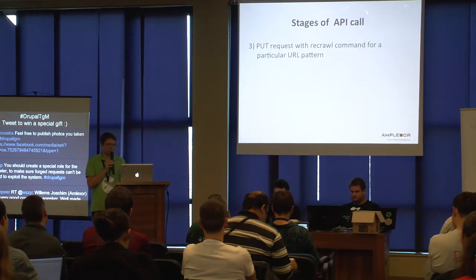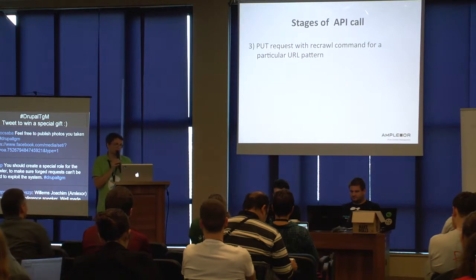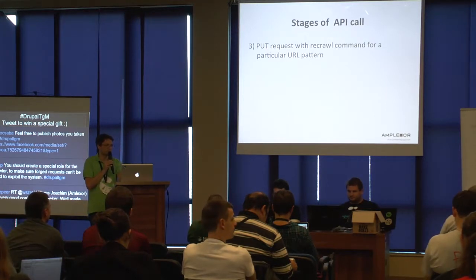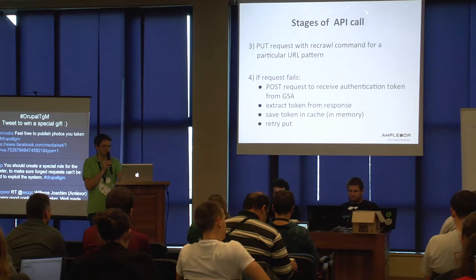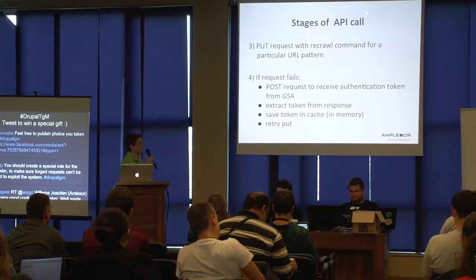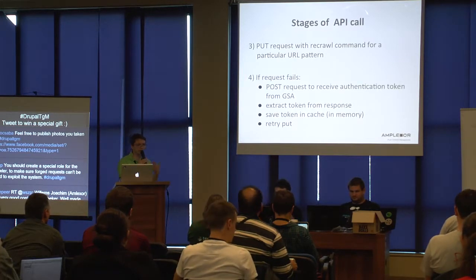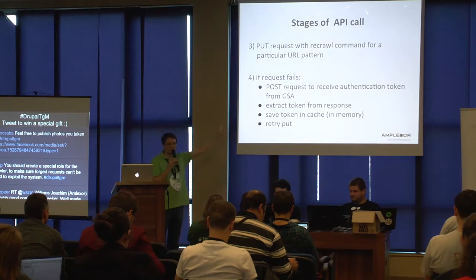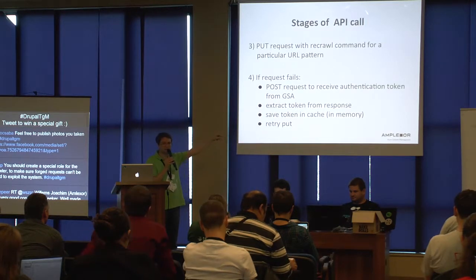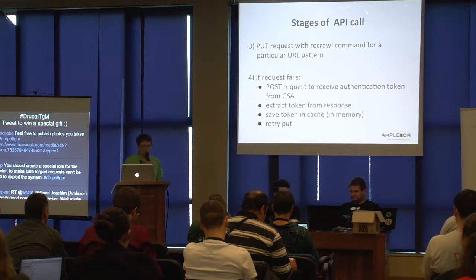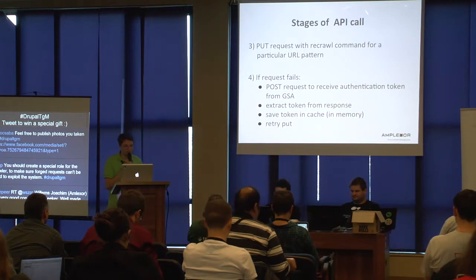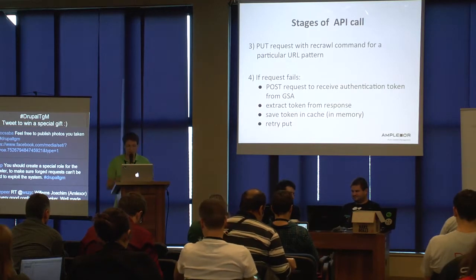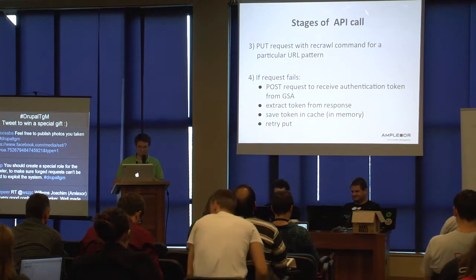You create a PUT request with the recrawl command in this case, for a particular pattern you want recrawled. If it fails, because your token is in cache, in our case kept in memory with memcache, it probably means your token is outdated. So we do a new POST request to receive the authentication token again. You extract the token and you retry your PUT.